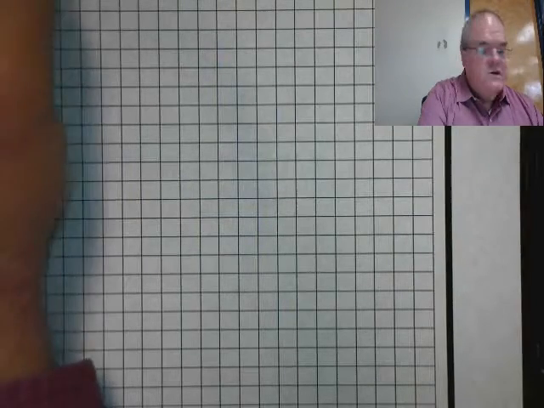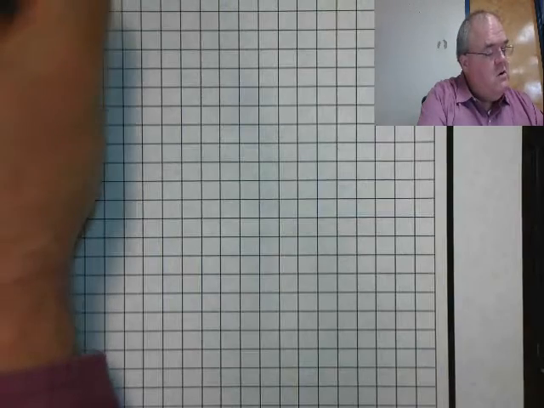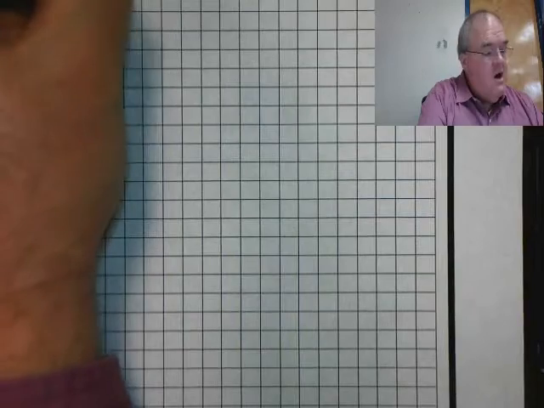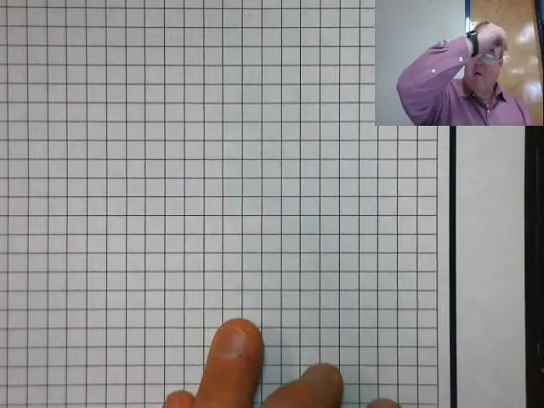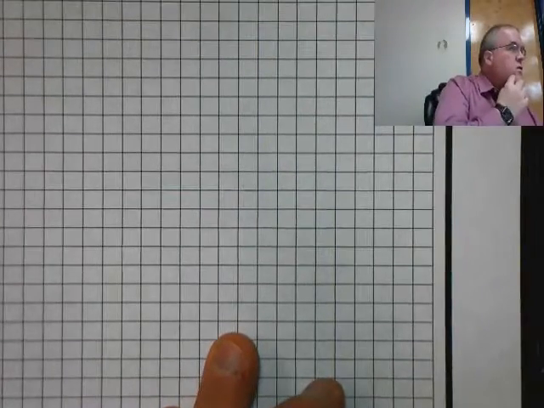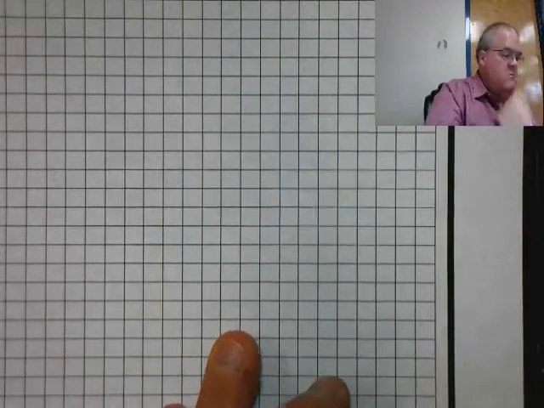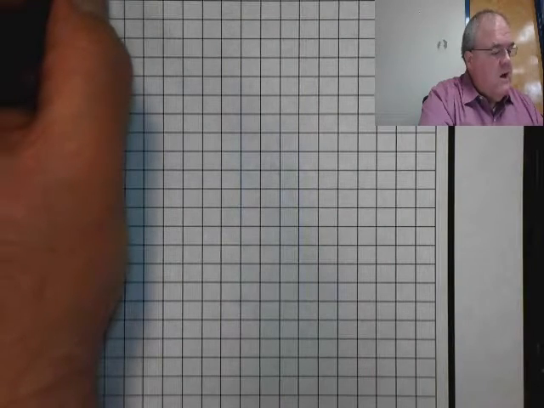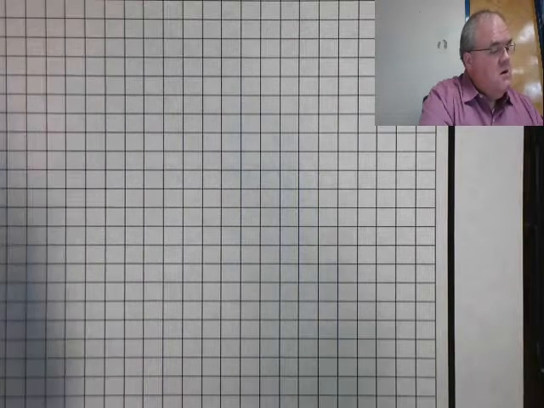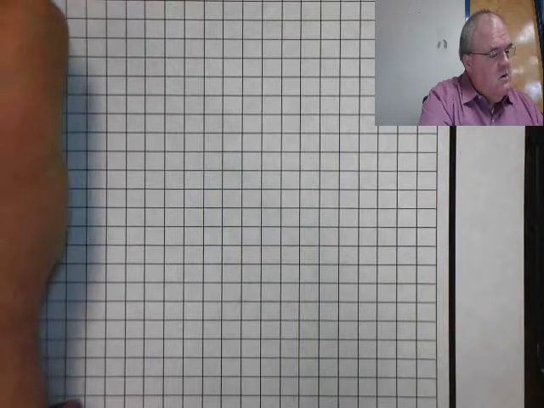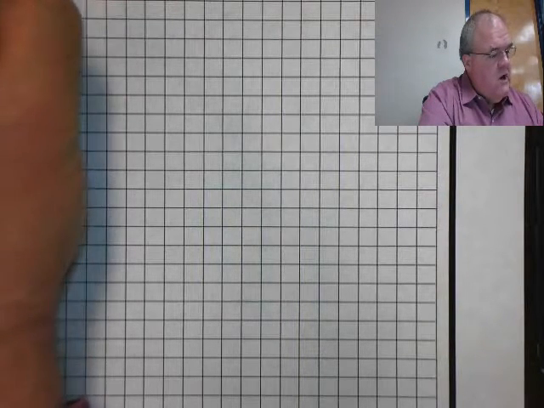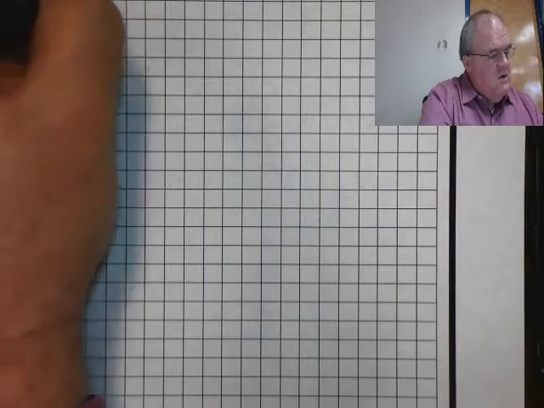So if my equation is 2 cosecant of 1/2 x, the first thing I need to do with this problem is find out what my period is going to be. So I'm going to say that 0 is less than or equal to 1/2 x, which is less than or equal to 2 pi.